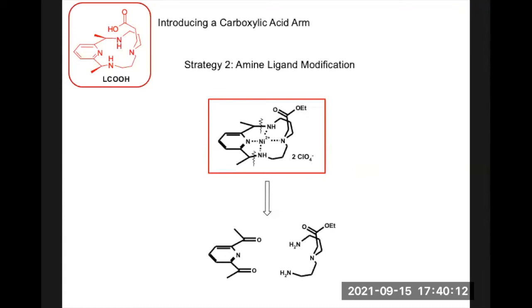And so I tried a different strategy. By retrosynthesis, we know that the macrocycle is formed by the reaction of diacetylpyridine and triamine compound. Therefore, we simply need to synthesize this modified amine compound.